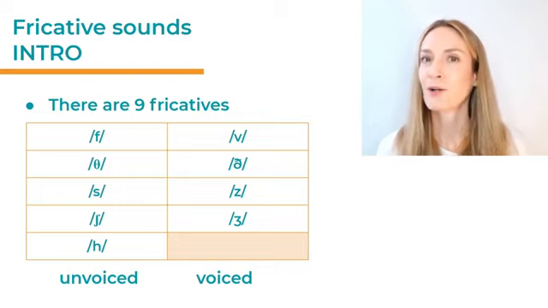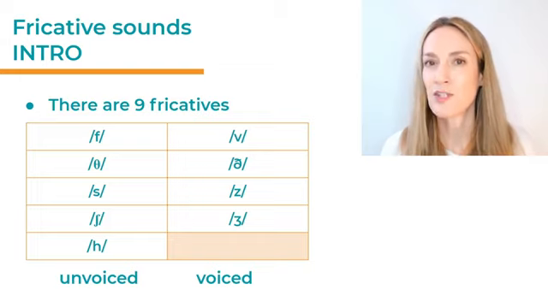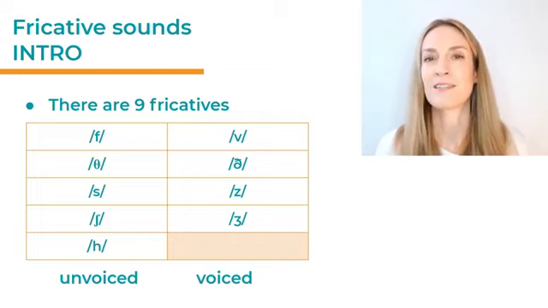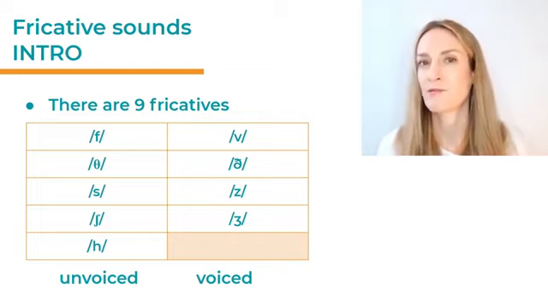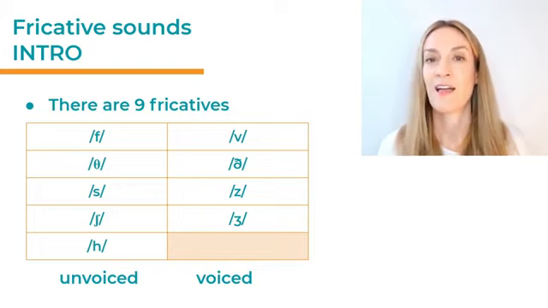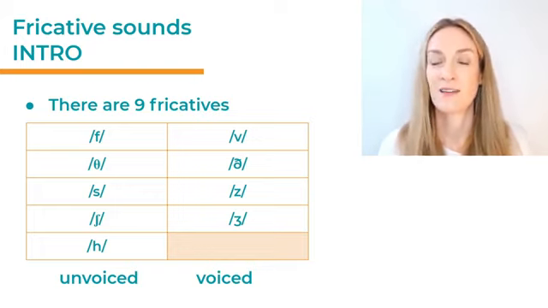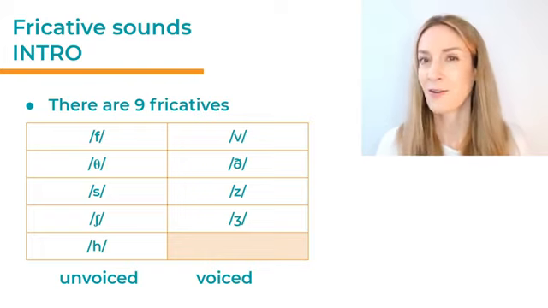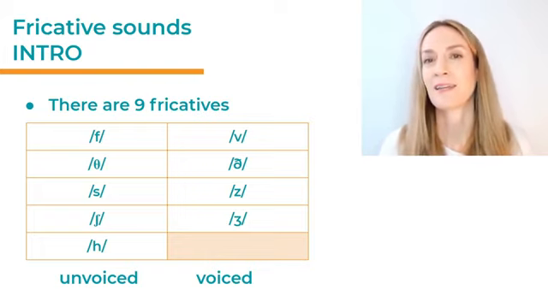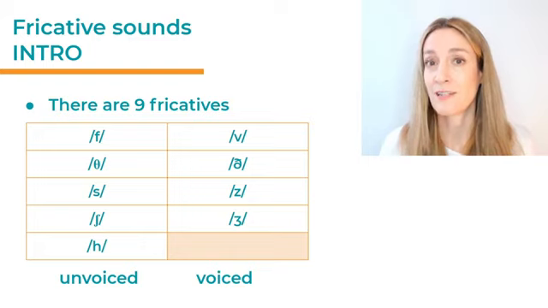Now, for a German learner, they might be new, they might be a little bit difficult, and there is the danger that those learners will substitute them with a sound that they have in their own first language, for example, s or d. So instead of saying the, they say s or d, but those are not correct. And sometimes that can lead to confusion for the listener, so it's important to learn them correctly.